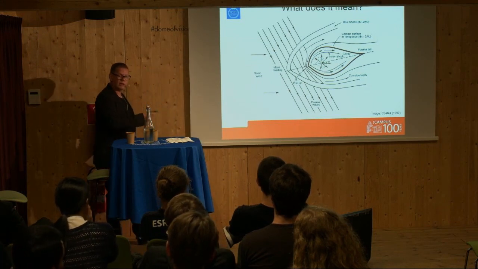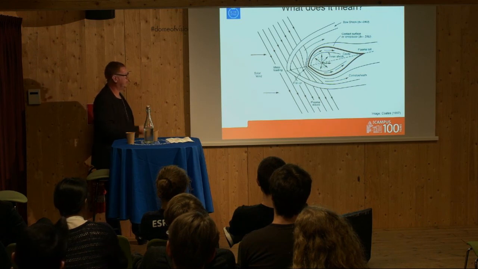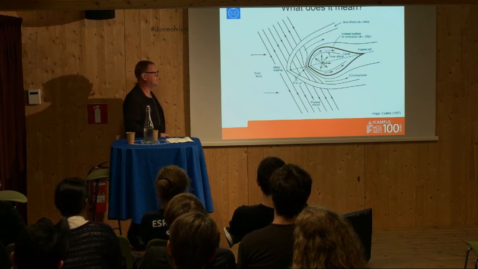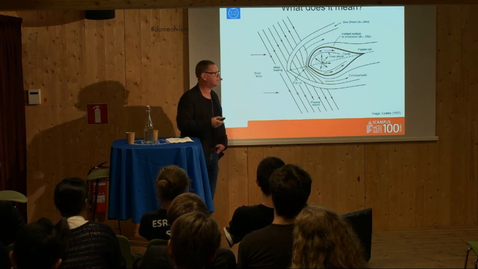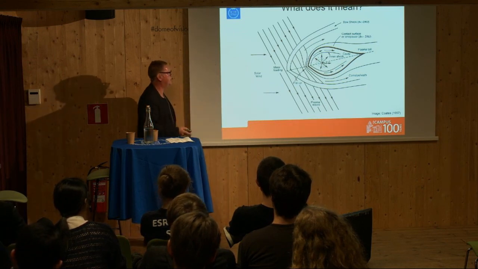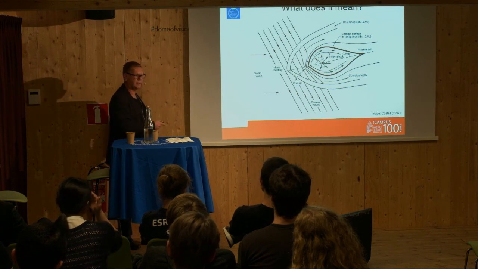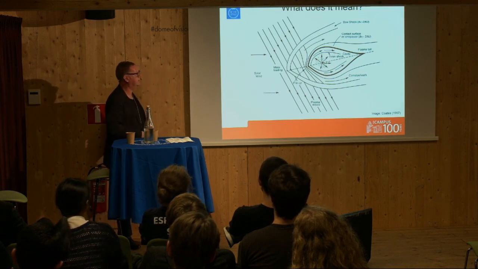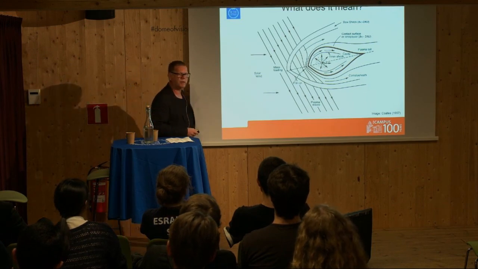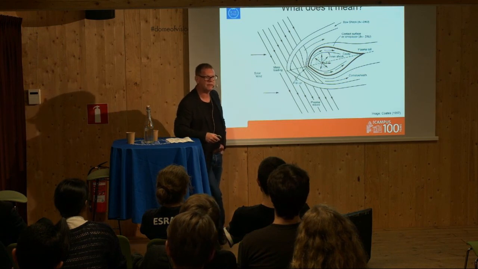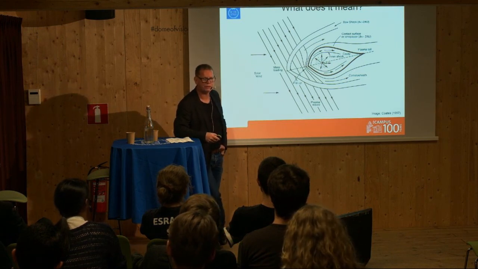So what I want to do now, the next 6 months or so, is to go back to my colleagues, have a look at the data for the ions and for the electrons, and try to see if they are accelerated as we predict by these lower hybrid waves. So that's what I'm going to spend my next 6 months working on.